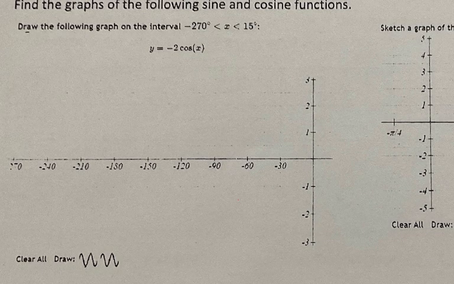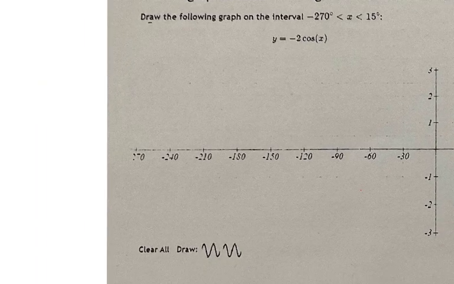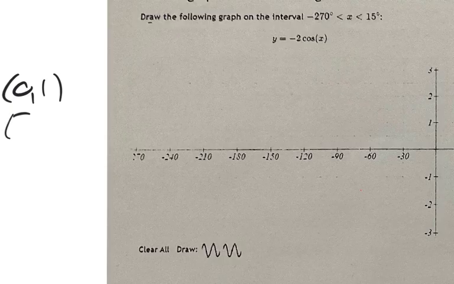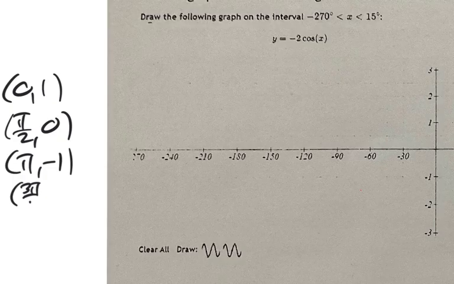I'm going to teach it using critical points. What are the critical points of cosine by default? 0, 1, pi over 2, 0, pi, negative 1, 3 pi over 2, 0, 2 pi, 1. We good with that? Now what's different here? We're not doing radians.